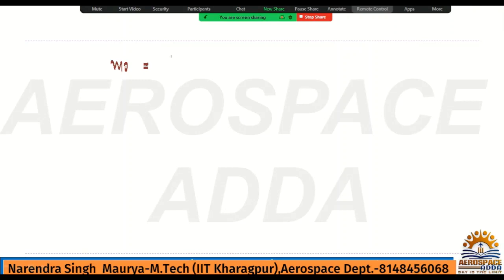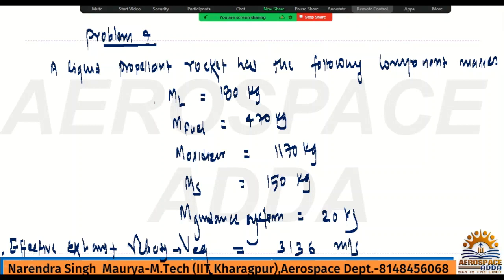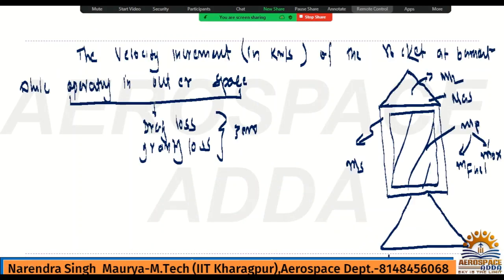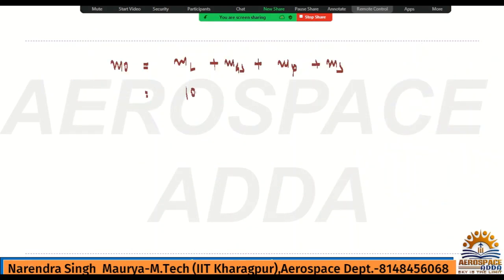We will start from the payload first. Payload ML plus guidance system plus propellant mass plus structural mass. That value you need to write. What is the payload? 180 plus guidance system 20 plus propellant.